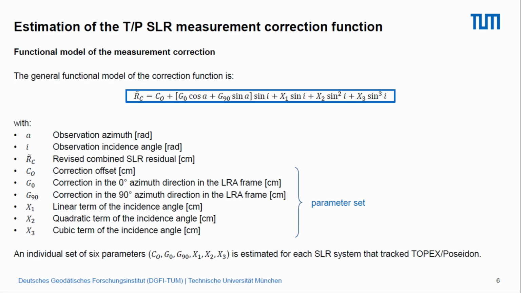The input parameters are the observation azimuth and the observation incidence angle at the LRA frame, and the revised residuals. The 6 unknown parameters are combined to a parameter set, and this parameter set is estimated for each station which tracked TOPEX Poseidon.